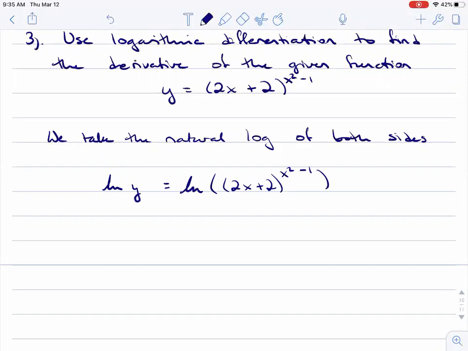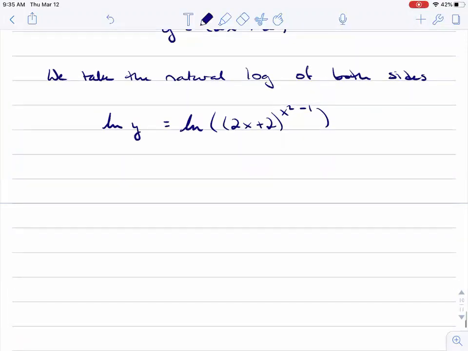By the log laws, I can bring that x squared minus 1 down in front, right? So then I get (x squared minus 1) times the log of (2x plus 2) is the log of y.